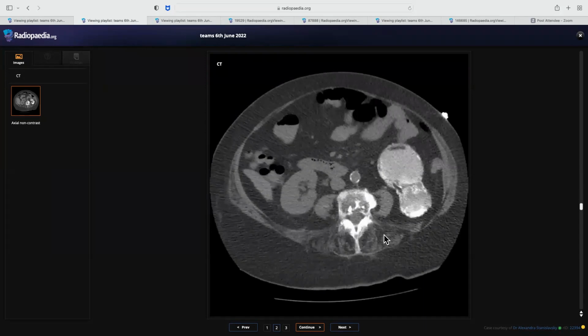So I'm thinking of tuberculosis in this case. I would like to have any previous investigations of the patient, which I would correlate with, and if not, I would like to have a CT chest to look for any pulmonary tuberculosis features, and I would correlate with the history of the patient.